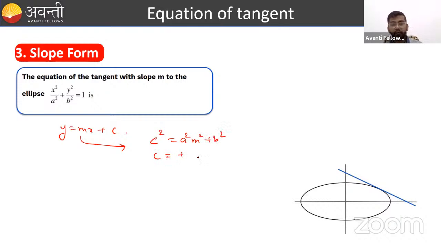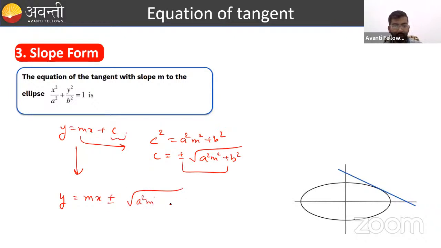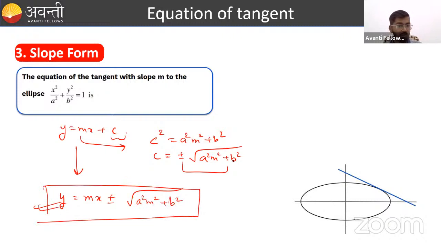So c should be equal to plus minus under root of a square m square plus b square. That is why the equation in slope form becomes y equals mx, and instead of c we write plus minus under root of a square m square plus b square. So this becomes the equation of tangent in slope form.